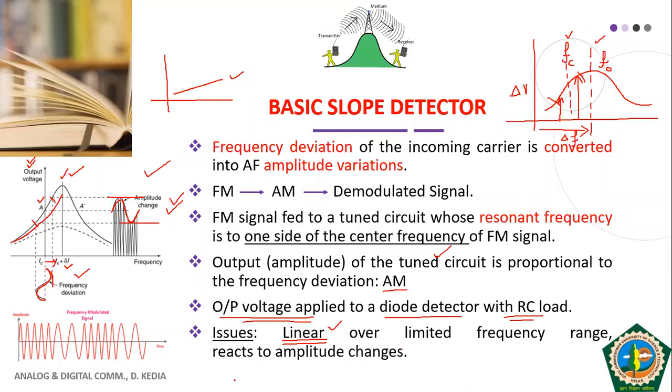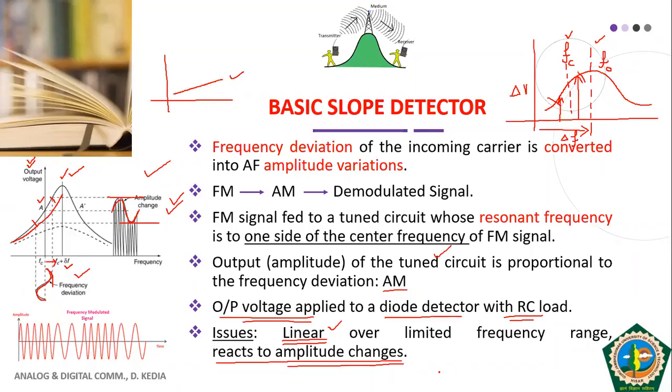Okay, and another problem with the basic slope detector is that it not only reacts to the frequency changes, but it also reacts to the amplitude changes. If the amplitude of the incoming signal is high, then the corresponding amplitude of the output signal of the tuned circuit will also be high.